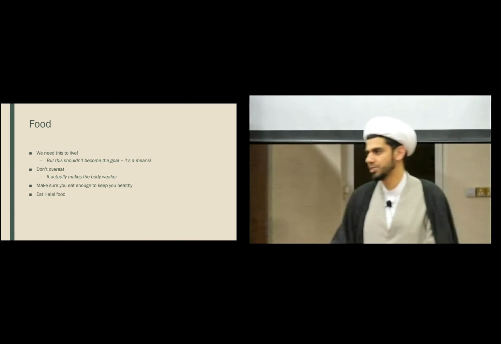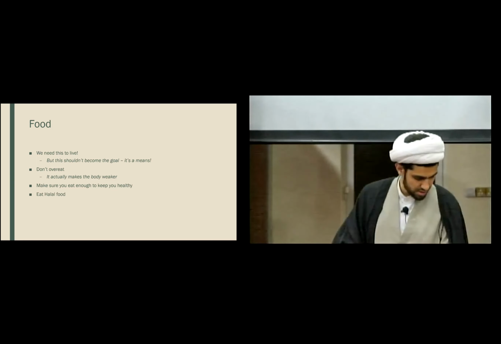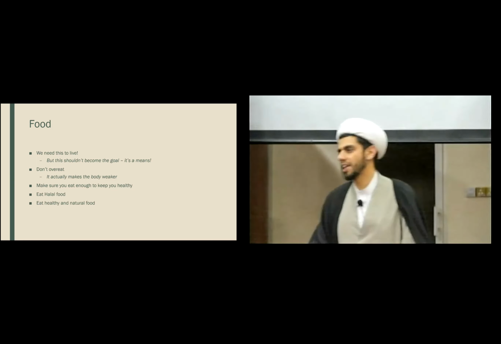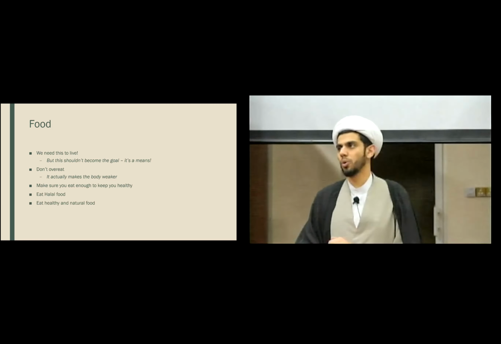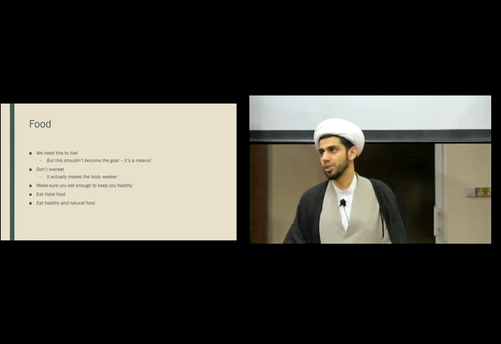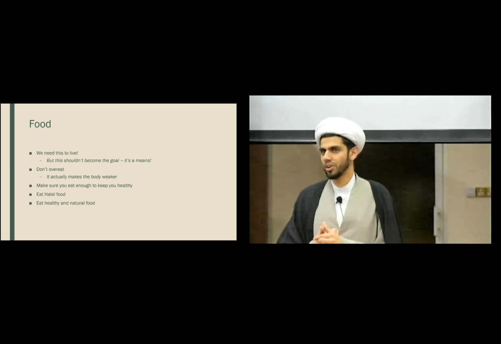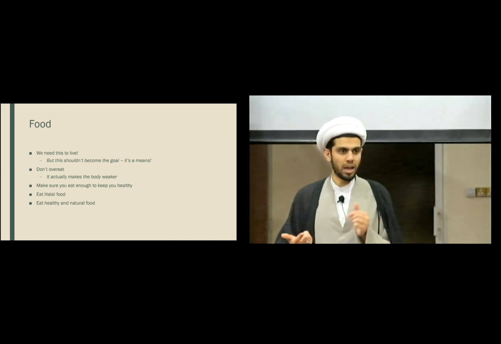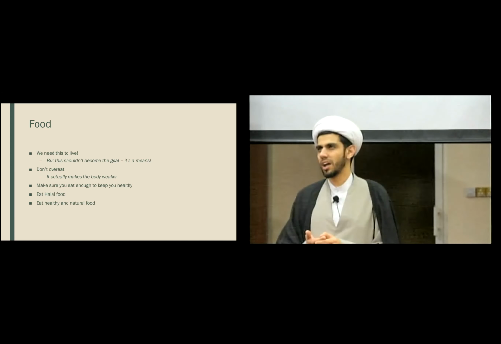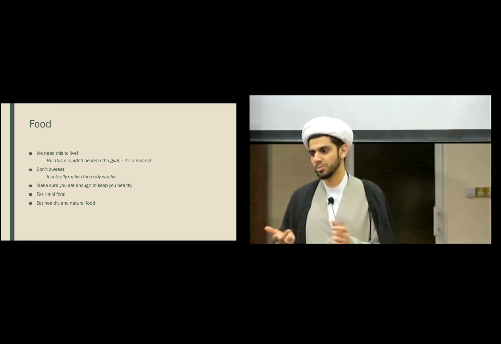Obviously, eating halal food is something that we don't need to go into too much. And healthy and natural food. This is really important as well. This is really strange. I don't know if you've realized our maraja, their age is amazing. Ayatollah Wahid Khorasani is over 100 years old. Ayatollah Sistani is 92 or 93 and healthy, alhamdulillah.